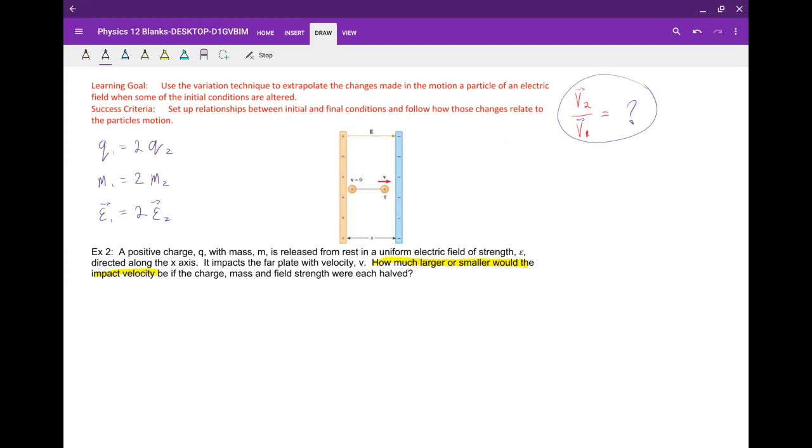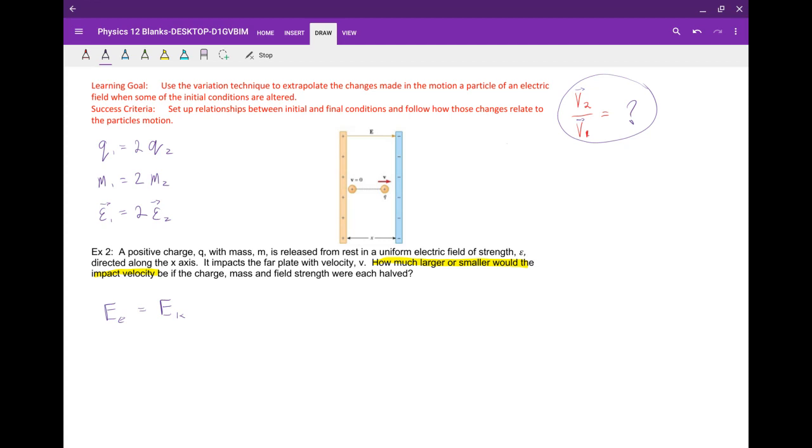Well, I'm going to set this up in terms of energy. So the electrical potential energy should equal the kinetic energy that the particle ends up getting.